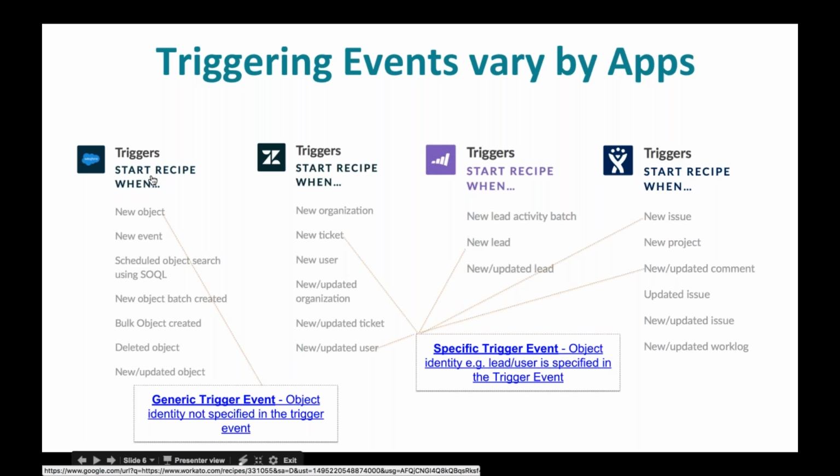Now, for some of them, the information is not specific but generic. For example, Salesforce, NetSuite and ServiceNow. In those cases, we have a generic trigger which is a new object or a new event and so on.